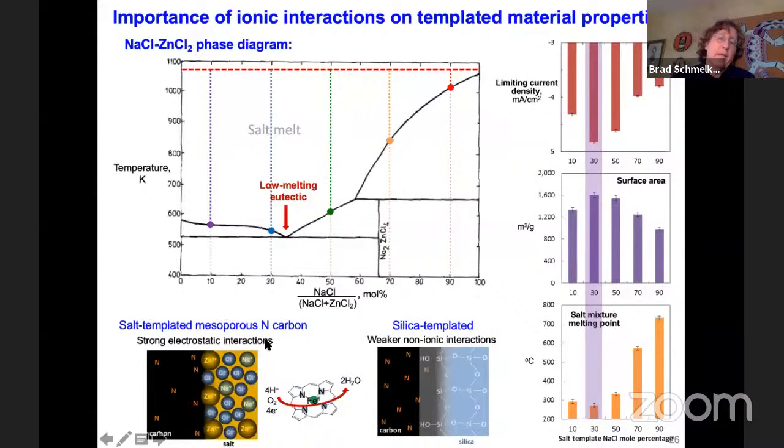Well, here's what we think. We think that the difference has to do with the strong electrostatic interactions taking place between the same carbon nitrogen precursors in both cases, but in the case of the salt templating, we have strong electrostatic interactions, especially with the zinc. The zinc is a zinc 2+, and that strikes us as being somewhat like the porphyrinic type compounds I showed in a cartoon at the start, where you have these multivalent metal ions at the center of these porphyrinic nitrogen-containing macrocycles that basically have oxygen reduction properties.